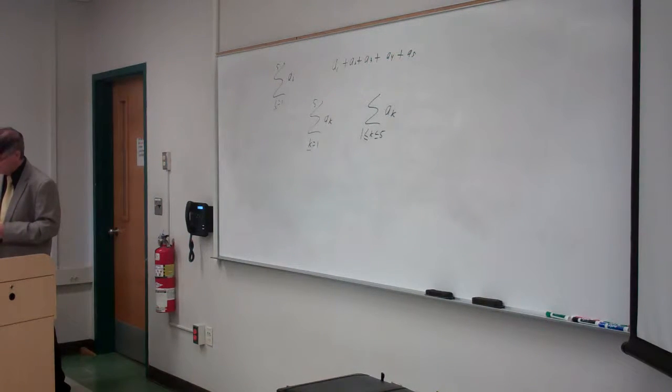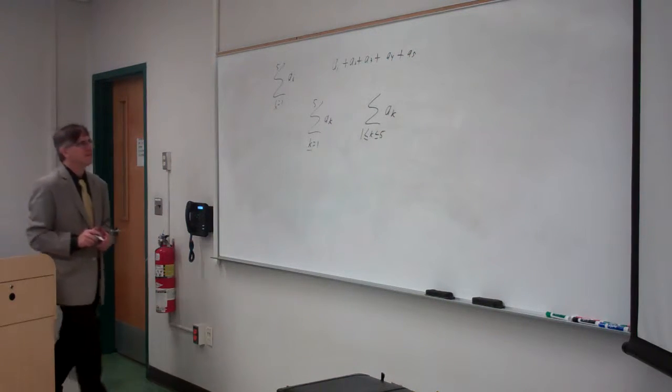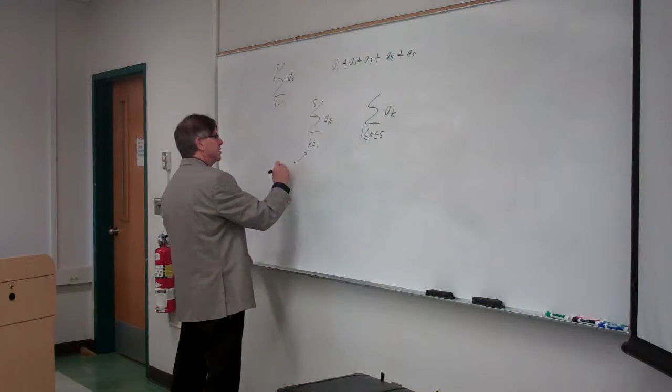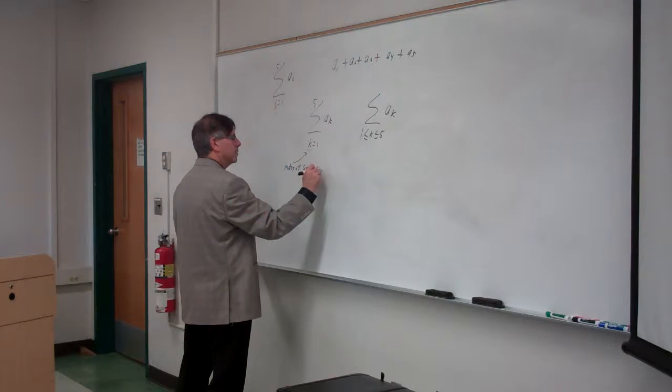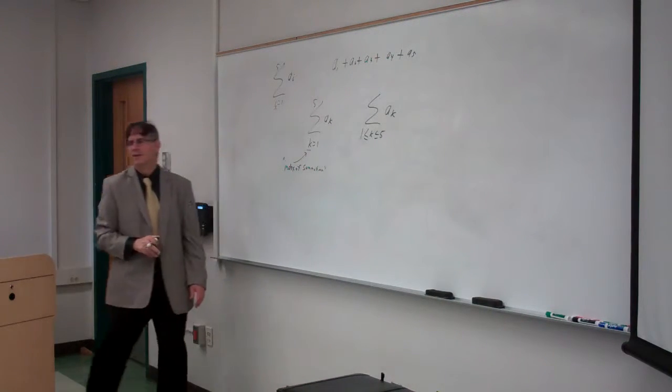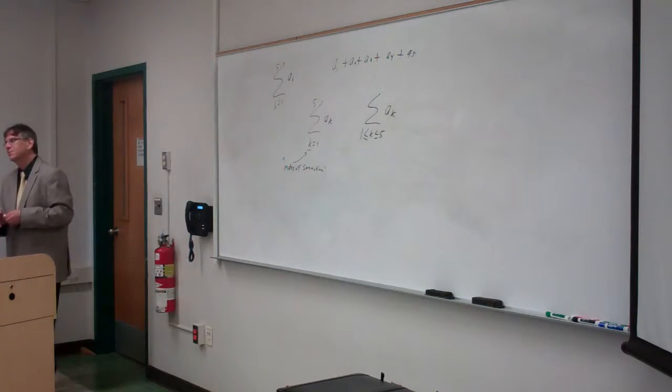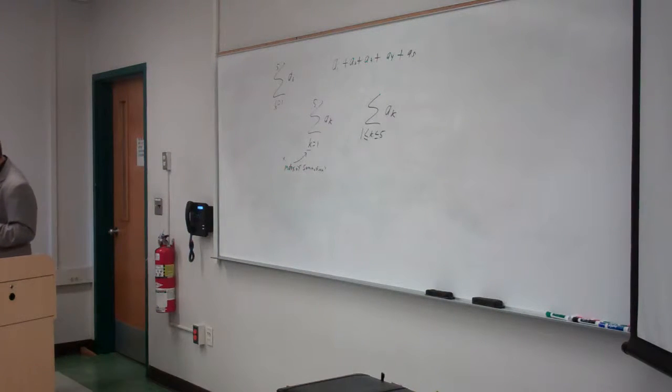And this thing is called the index of summation. And if we code something like this, it's usually the index of our for loop.